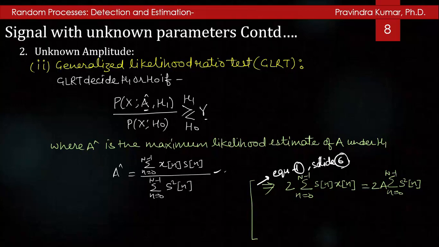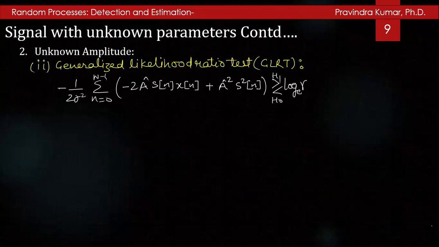After taking the differentiation of the log likelihood function with respect to A and setting it to 0, you get this equation, and the estimate is summation x[n]s[n] divided by summation s squared[n].